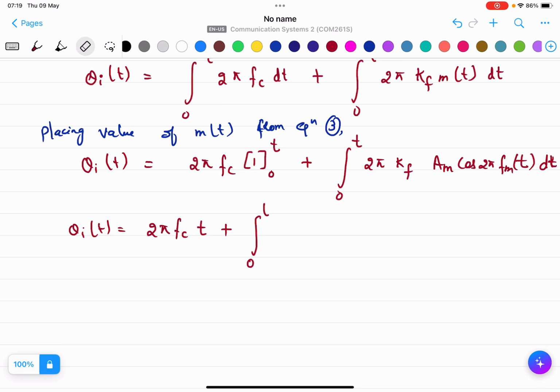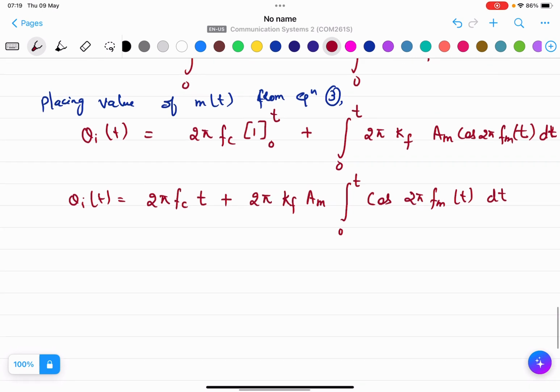Whatever is constant, I am just keeping it outside. So it will be 2 pi kf Am, which is constant, so I am taking it outside, right? And then inside what will remain? It will be cos 2 pi fm t dt, right?